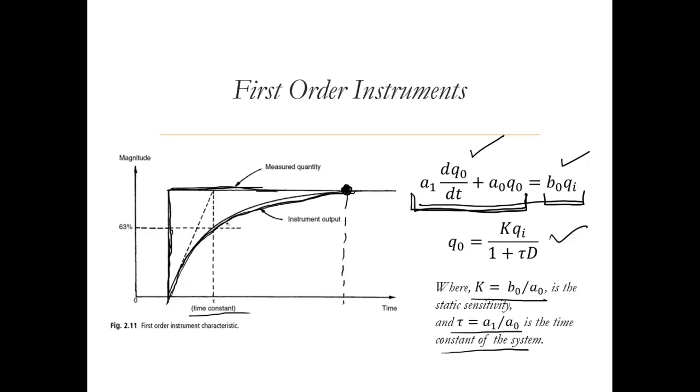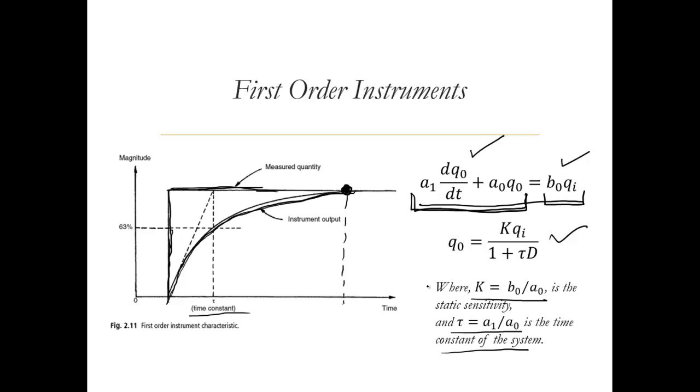This is how it will respond. This happens because the mercury absorbs some heat first and then expands. That natural process of taking up the heat and reaching a state where it starts expanding is associated with any physical process. That's where we take care of such things in instrument design.